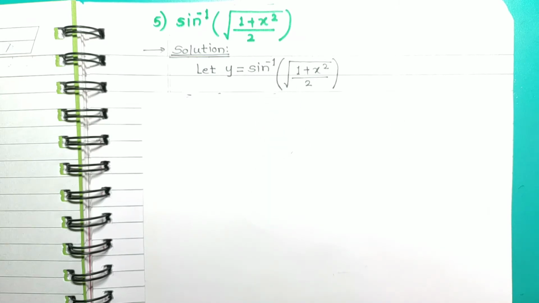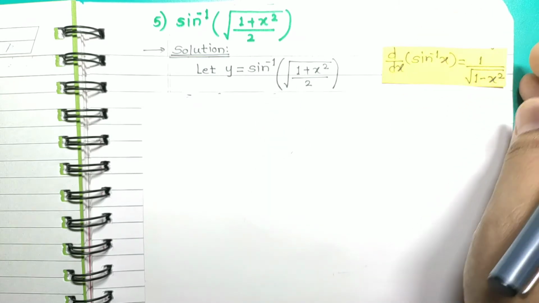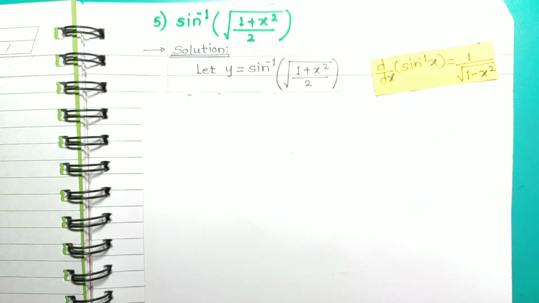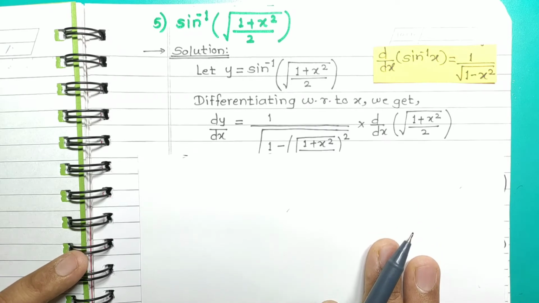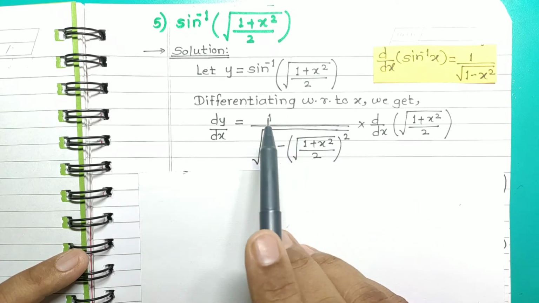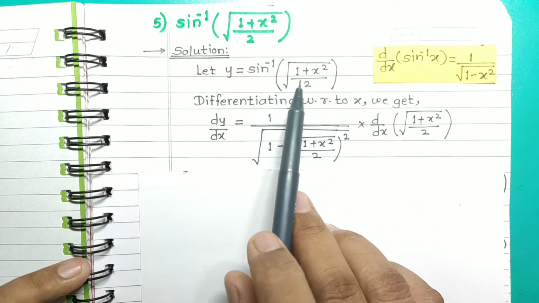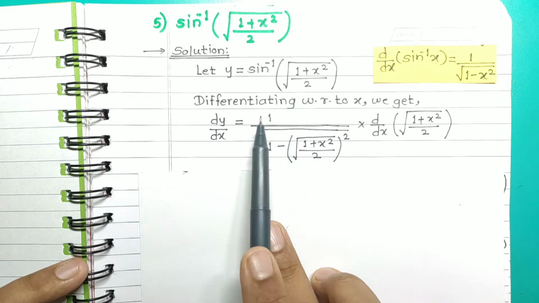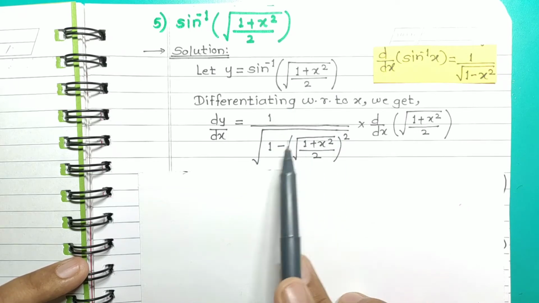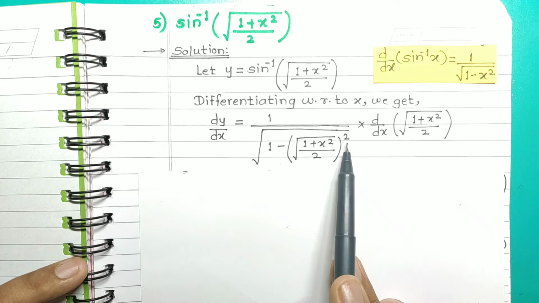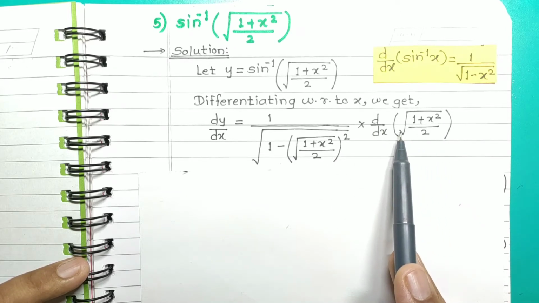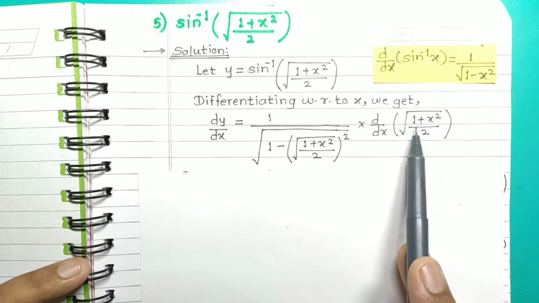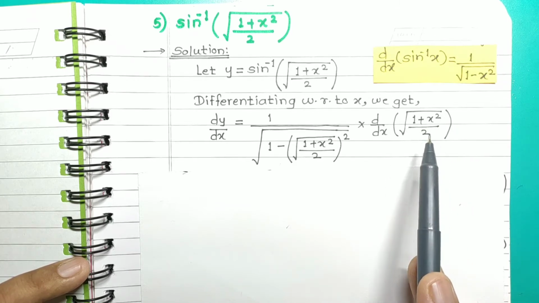Okay, and we have this standard form for derivative of sine inverse of x. So differentiating with respect to x, we get, see, we have treated it as sine inverse of something. So derivative is 1 upon square root of 1 minus something square into derivative of something, and something function is square root of (1 plus x square) upon 2.